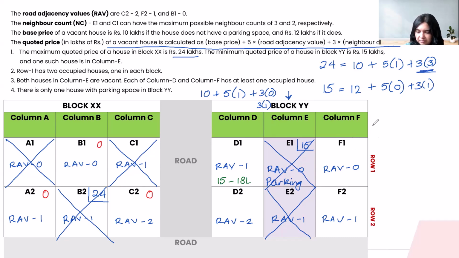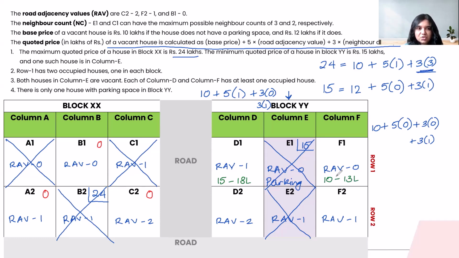I start with 10, plus 5 times 0, plus it can have at most one neighbor or 0 neighbors, so it will be 3 times either 0 or 1. The neighbor is F2. Now I'll have 10 plus 0 plus either 0 or 3, which gives me my maximum price for F1 as 13 lakhs, which gives me my range of prices for F1 as 10 lakhs to 13 lakhs.